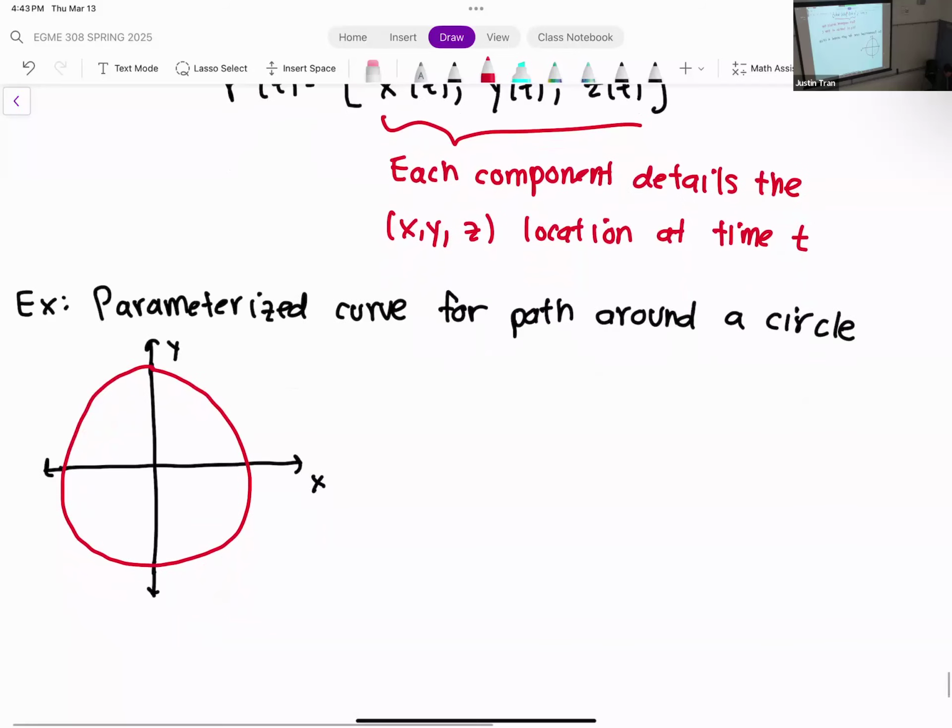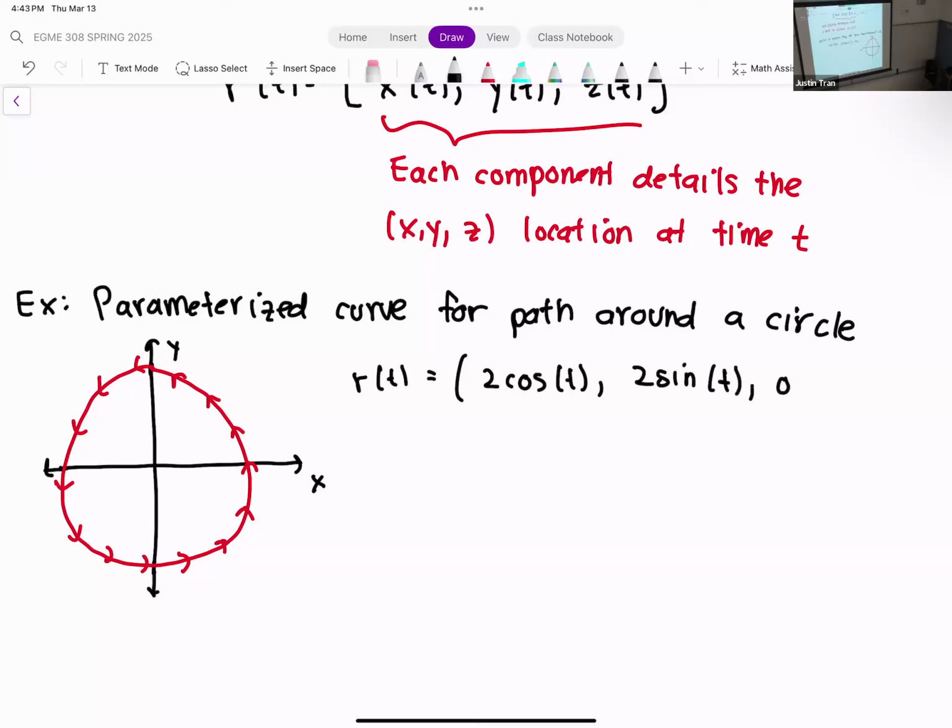So on this circle, we are going to travel around, and let's say we take a counterclockwise path around the circle. The parameterized curve for this circle, we'll say it's r of t, is equal to 2 cosine of t, comma 2 sine of t, comma 0.